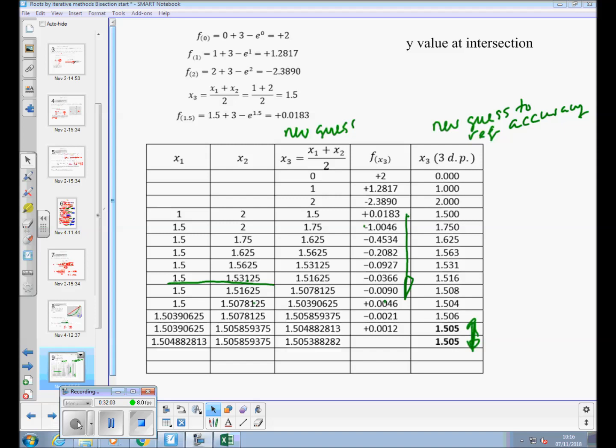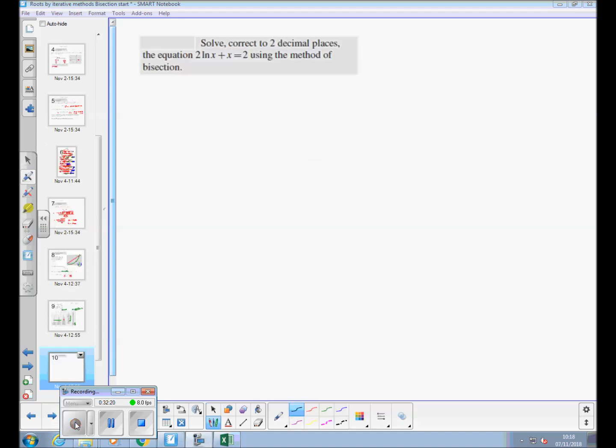Okay. What we're going to do now is have a look at one that's slightly different. We're going to use the bisection method, or you are, to determine the positive root of the equation x plus 3 is equal to e to the x.